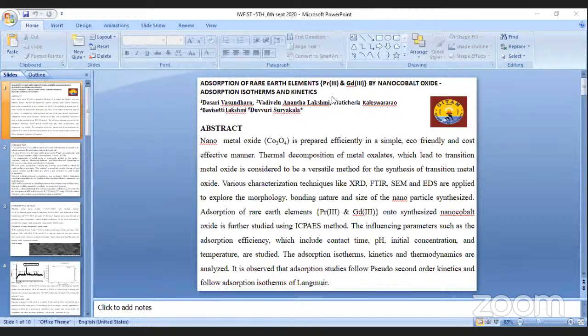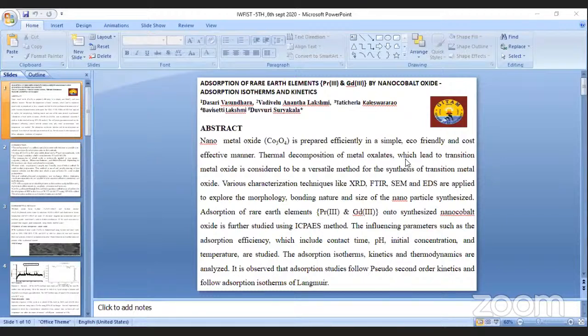Our work is adsorption of rare earth elements, praseodymium and gadolinium, by nano cobalt oxide, and adsorption isotherms and kinetics. So the abstract I would like to share with all. Nano metal oxide, that is nothing but Co3O4, is prepared efficiently in a simple, eco-friendly and cost-effective manner.